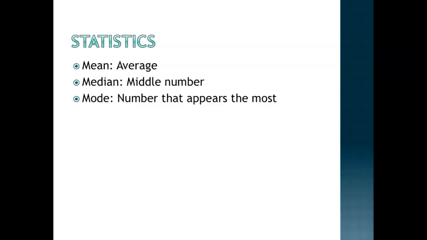If there's only one number that shows up the most, then you just have 1 mode. If all the numbers show up exactly once, nothing shows up more than once, then you would say there is no mode.